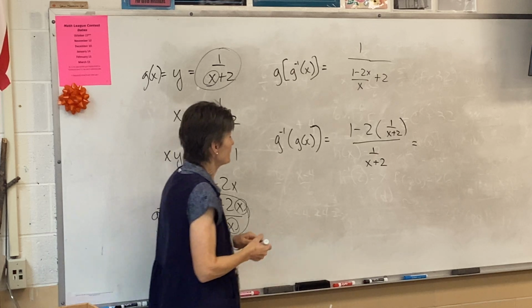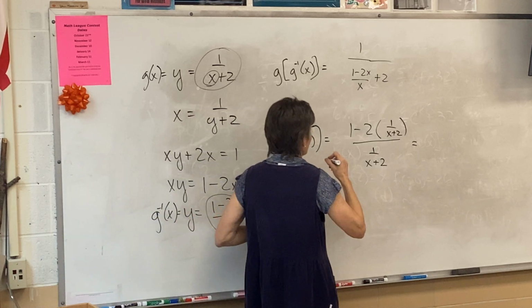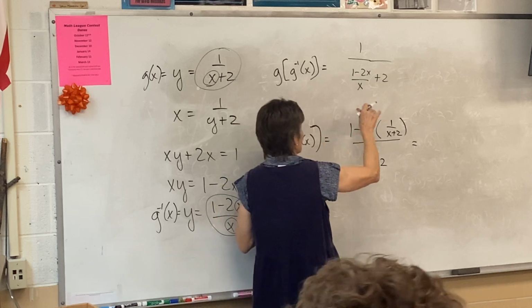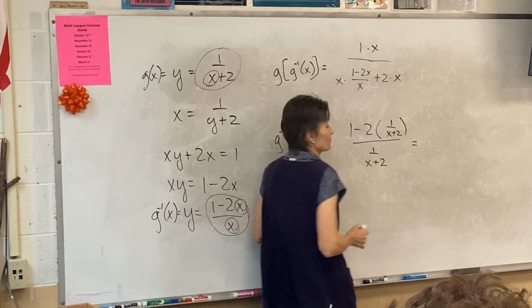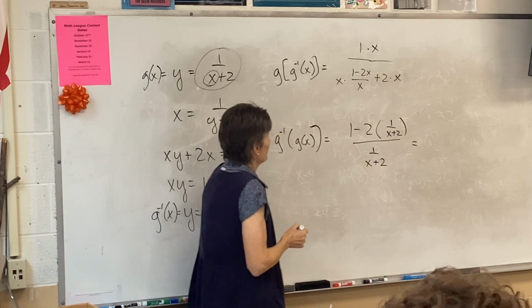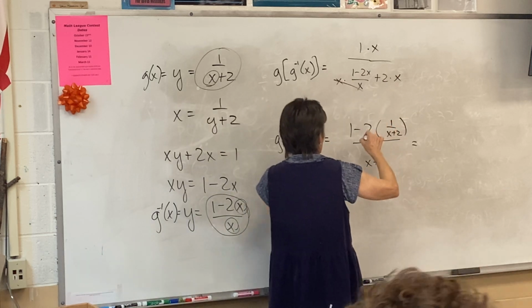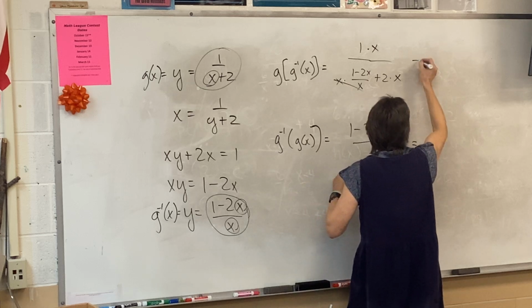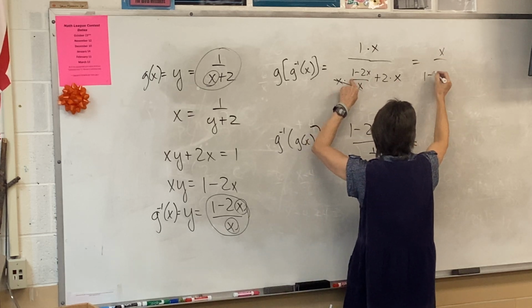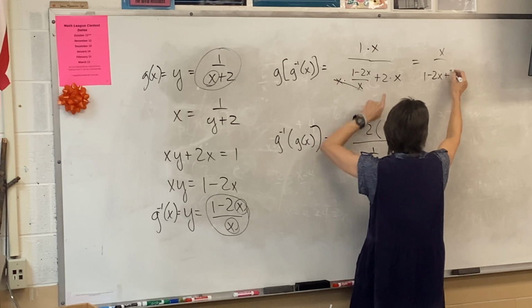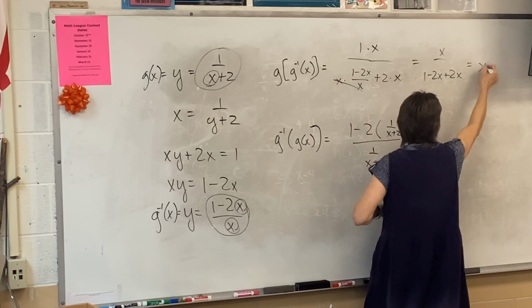All right, let's clean it up. You can do whatever you want here. This is a mess. I think I'm going to multiply everything by x. That'll get rid of that and leave me with x over 1 minus 2x plus 2x. Oh, that was nice.